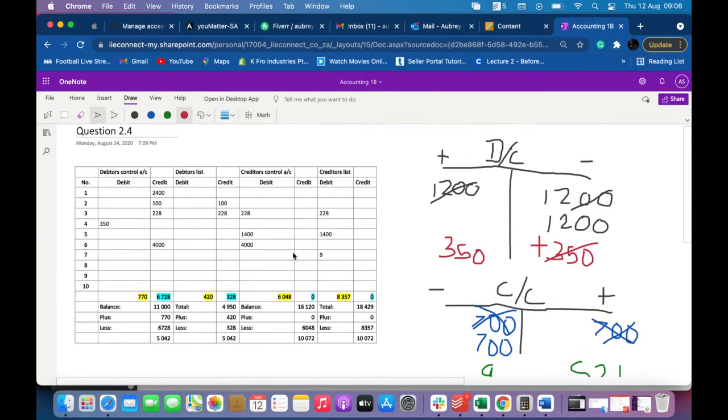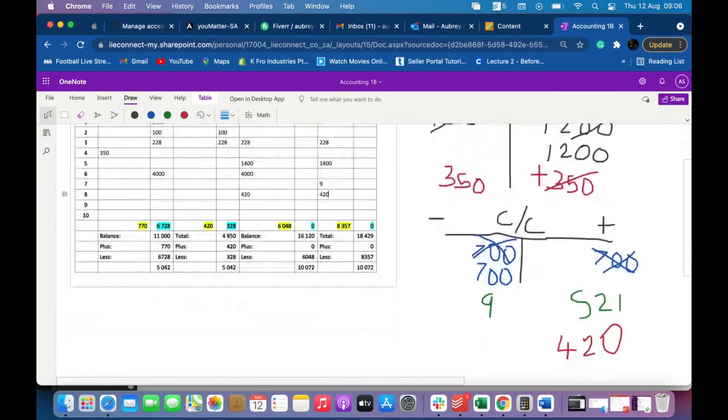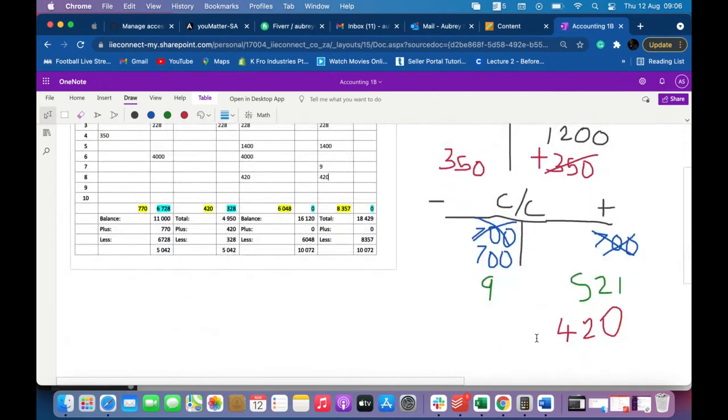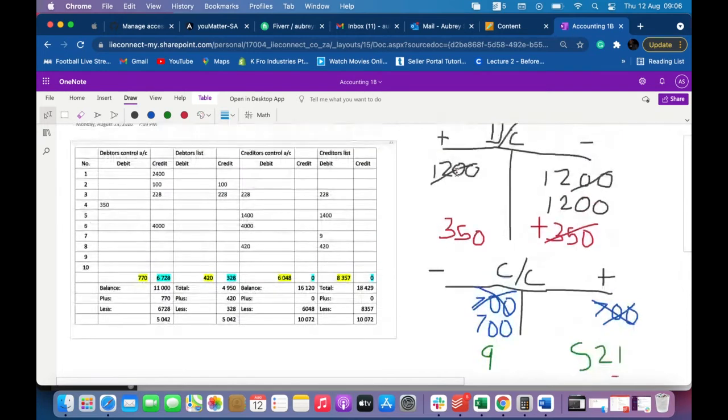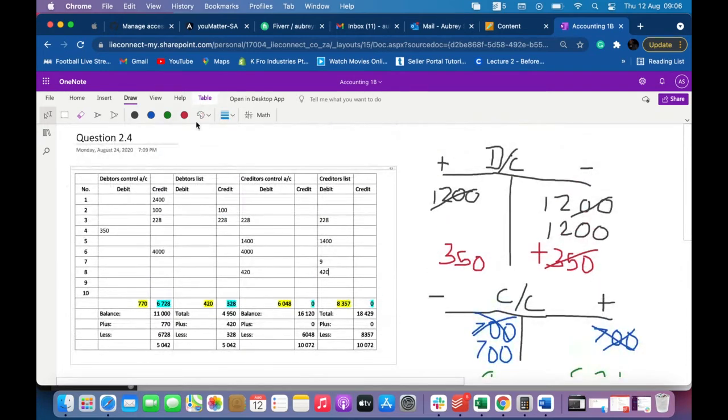So to reverse that, before we get on to how it should have been recorded, we debit 420 on the creditors control and 420 on the creditors list. So we've reversed that, we canceled it out. Remember, this was actually a duplicate invoice, so we were the ones actually selling.